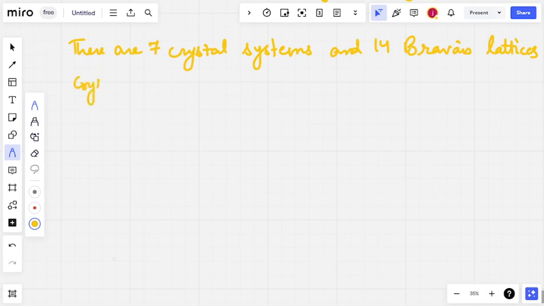Crystal systems. A, B, C, alpha, beta, gamma. Examples. Only these 3 things we have to learn about each of the crystal system and the lattices.